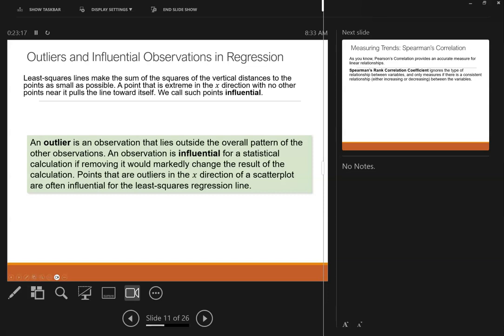So we say an outlier is an observation that lies outside the overall pattern of the other observations. An observation is influential for a statistical calculation if removing it would markedly change the result of the calculation. Points that are outliers in the x direction of a scatter plot are often influential for the least squares regression line.